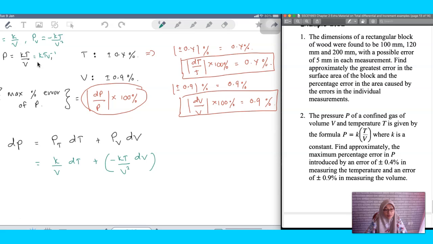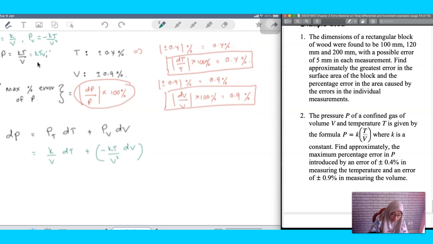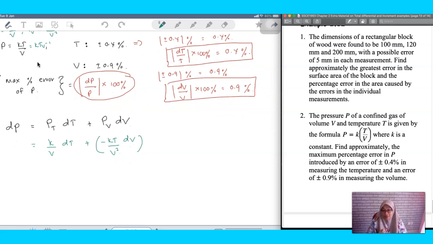Alright. Can you evaluate the dP at the moment? You cannot, because you have no information about the value of V itself. There is no information provided, right?